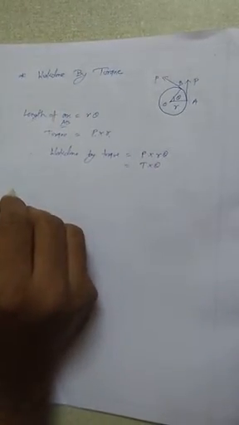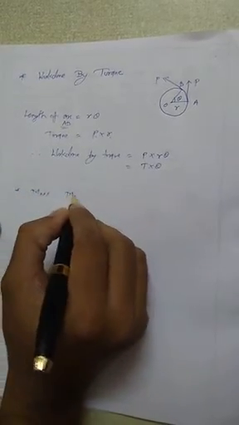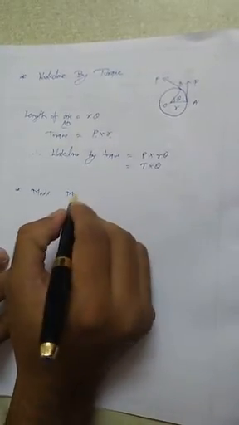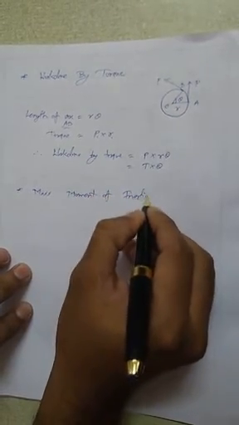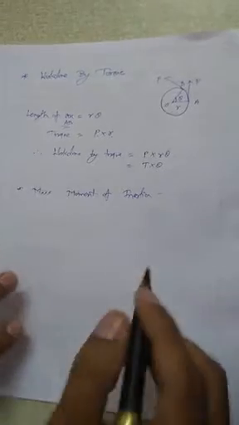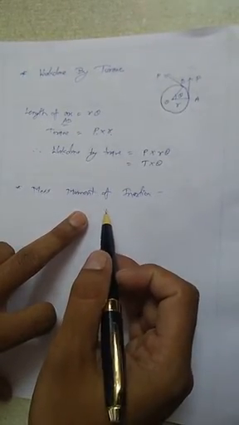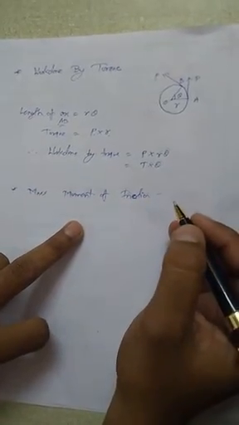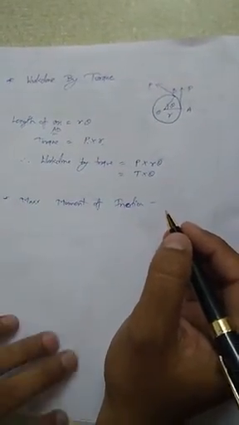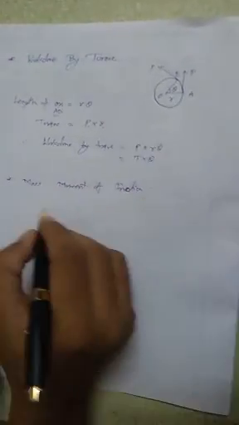Okay, so the next point is the mass moment of inertia. We already discussed mass moment of inertia. So solve the problems based on this, for structures having complex shapes. Mass moment of inertia is applicable for solid bodies.